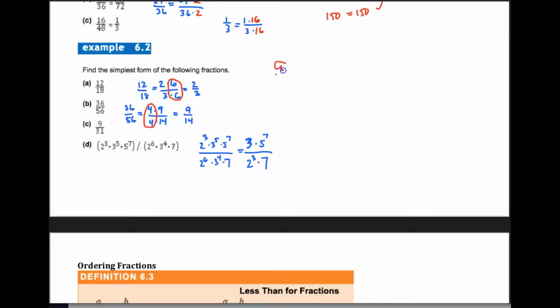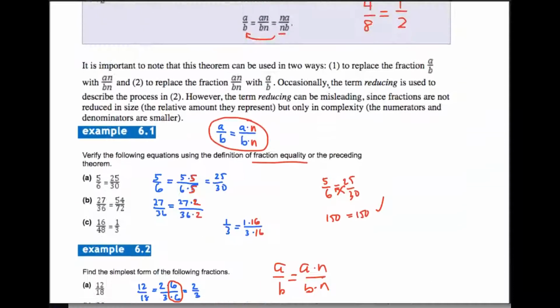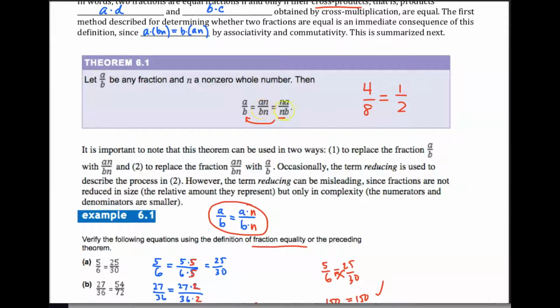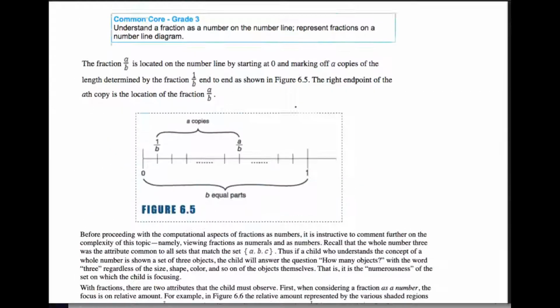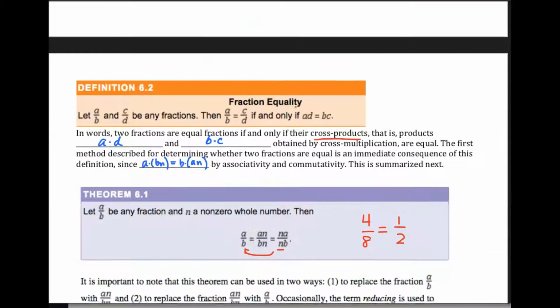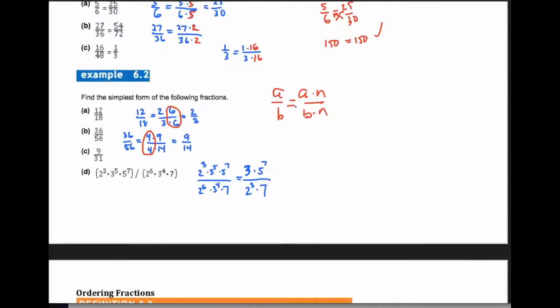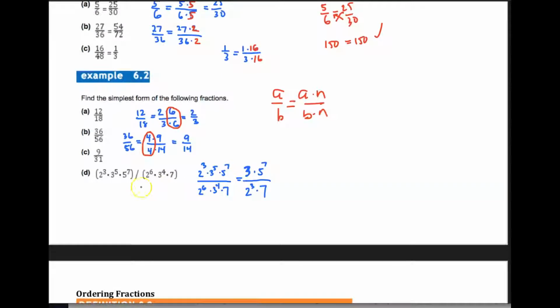Remember what we said: a over b is equal to a times n over b times n. That again came up with this theorem over here. And so now you can continue on and see how that gets done.